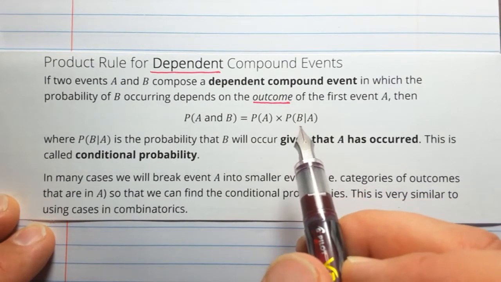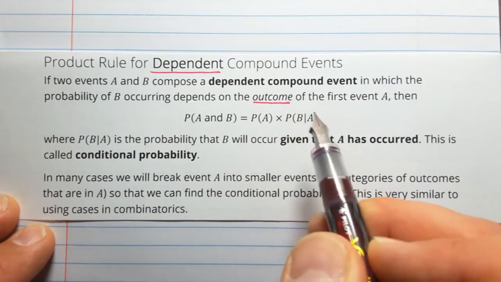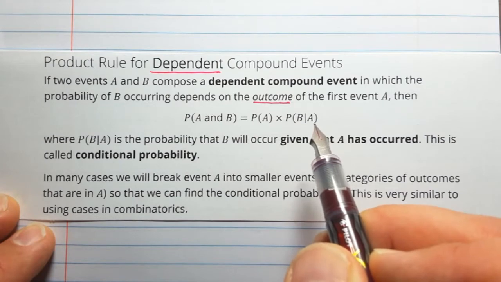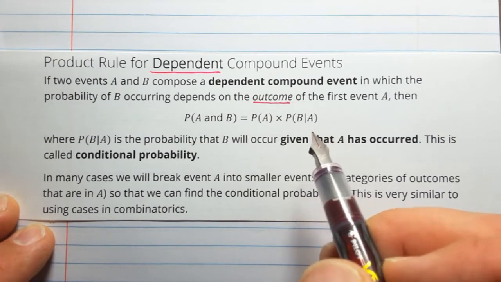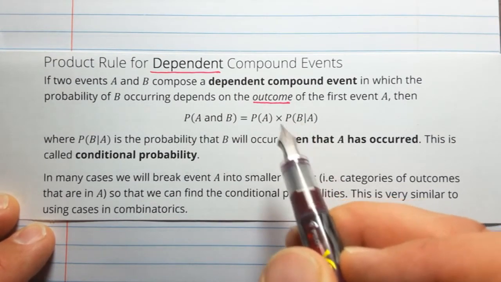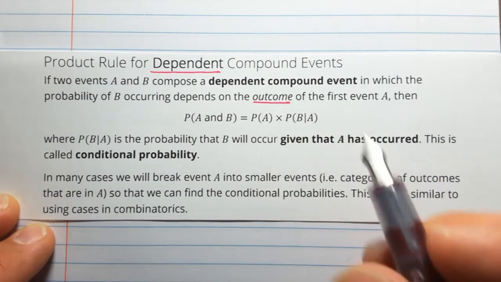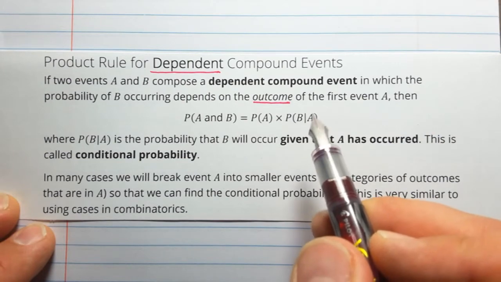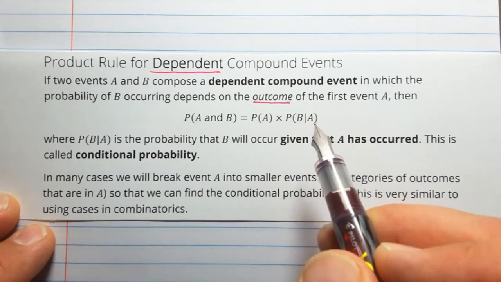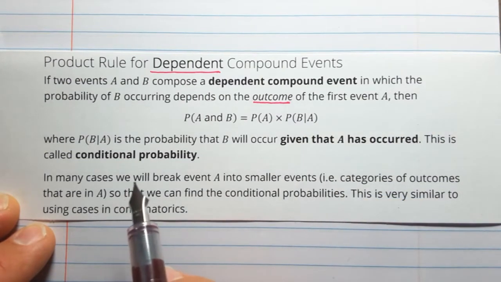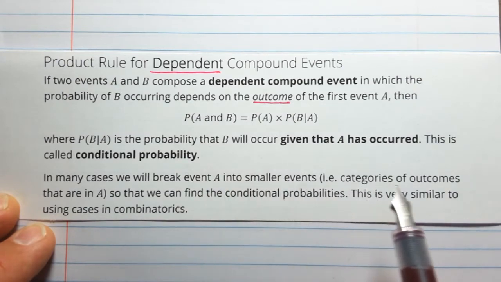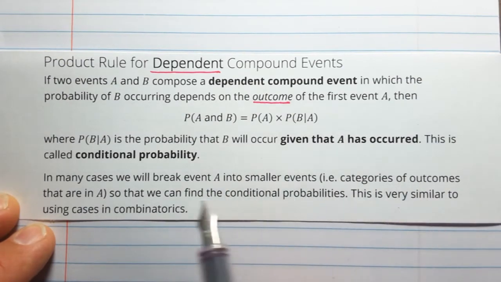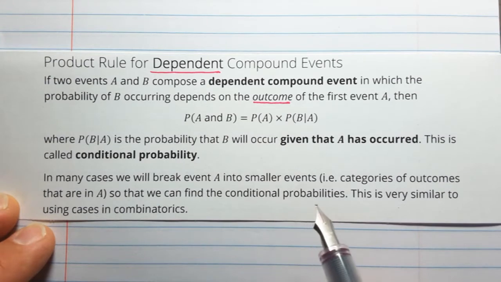Now it can be that this number is actually impossible to calculate without breaking up A into smaller events that have consistent probabilities for B. We're going to look at our example with the cards in just a second to show this. We can divide up our first card draw into different categories. So we often will break A into smaller events, categories of outcomes, so that we can find those separate conditional probabilities.